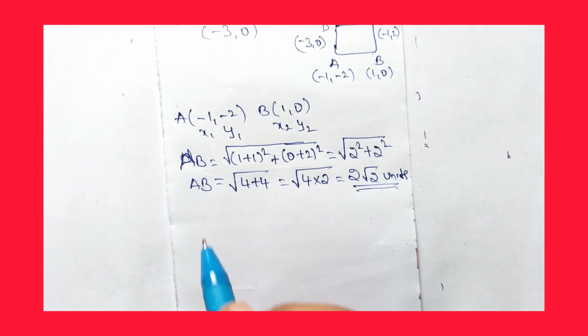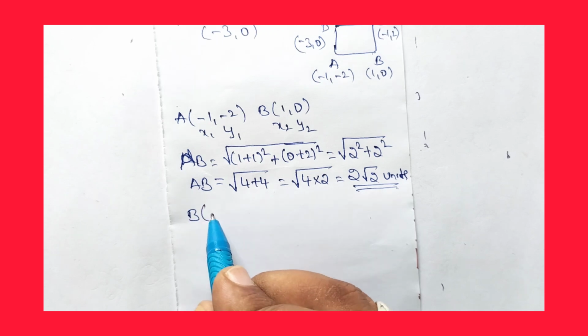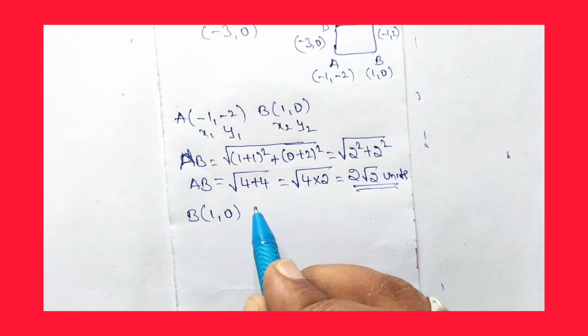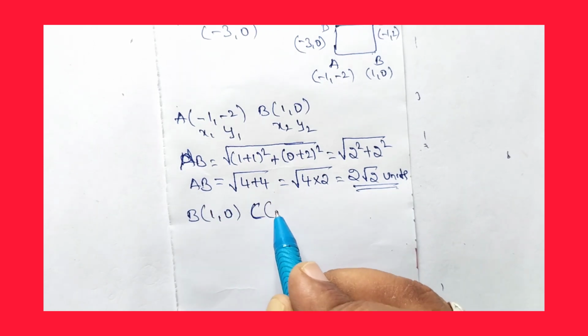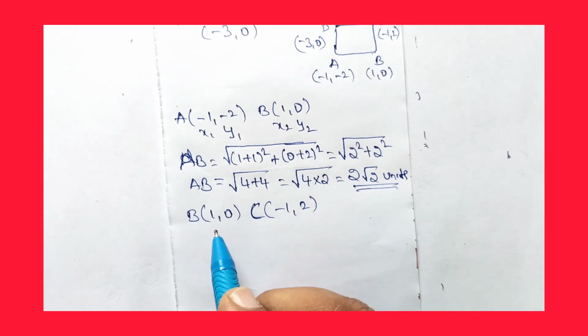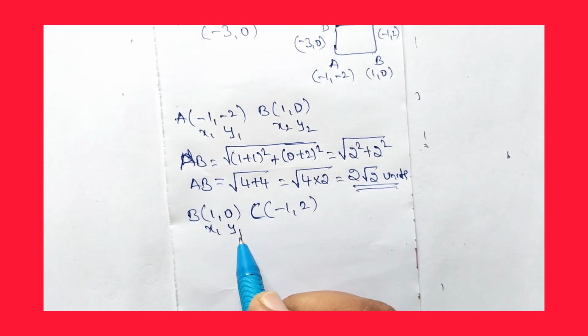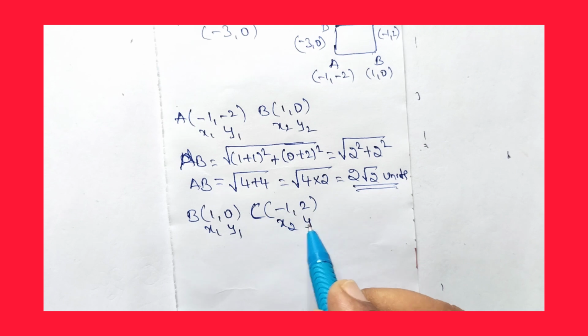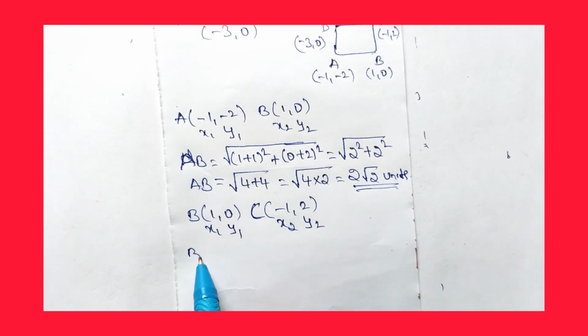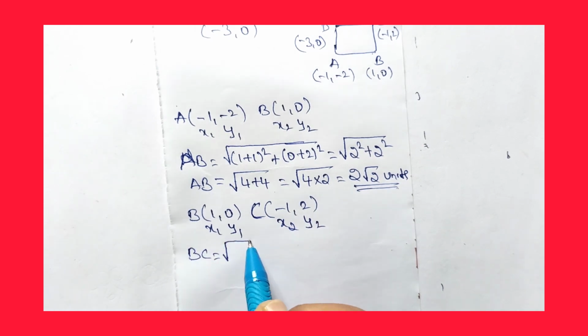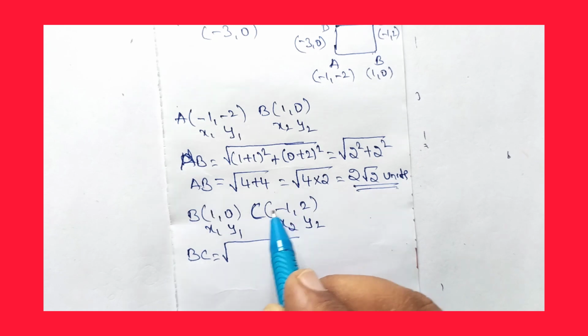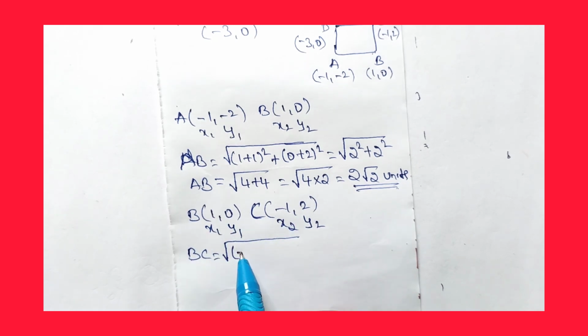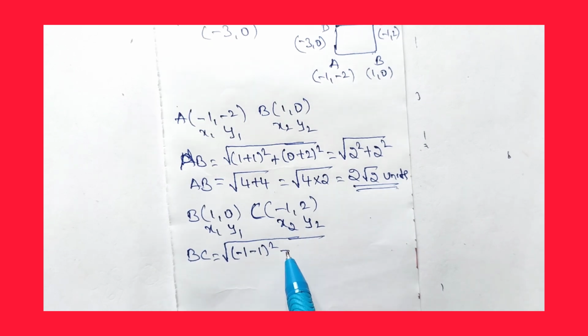Now let us find the distance between B and C. B is 1 comma 0 and C is minus 1 comma 2. So x1 y1 and x2 y2. Use the distance formula. BC is equal to the square root of minus 1 minus 1 whole square plus 2 minus 0 whole square.